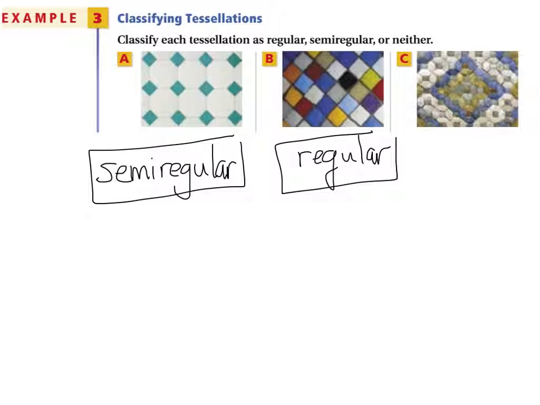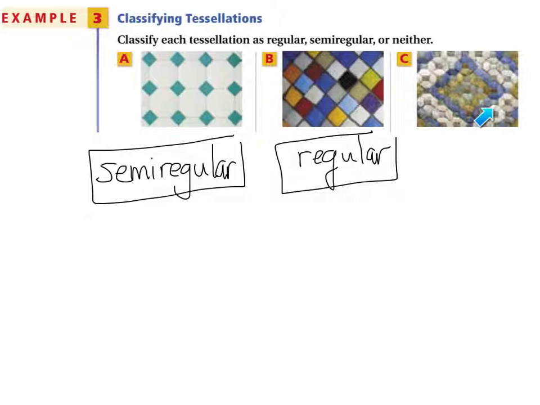And the last one looks kind of like a rug. But if you look at it, we have multiple shapes in here. And here's what you need to look at. If you look at the vertex, and I know it's kind of hard to see, but if I pick, for example, this vertex right here, it looks like we have 6-sided shapes. And like here, we have two blue and two yellow. So we have four of the same shape.